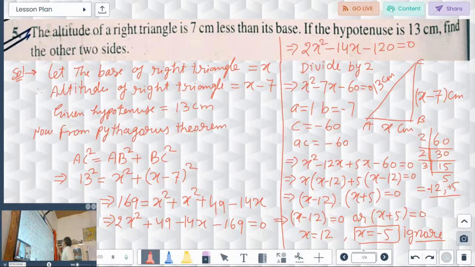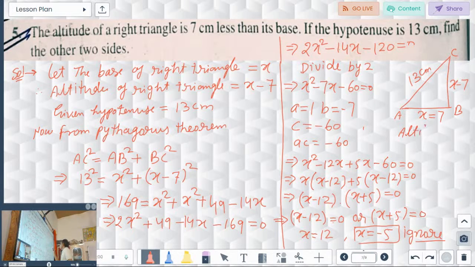Now the altitude is x minus 7, which means 12 minus 7 equal to 5 centimeter. Altitude is 5 centimeter. Okay, this is the answer.